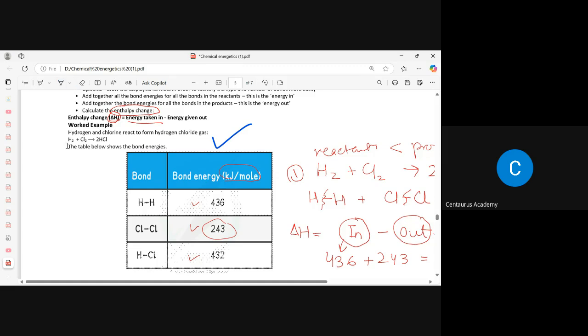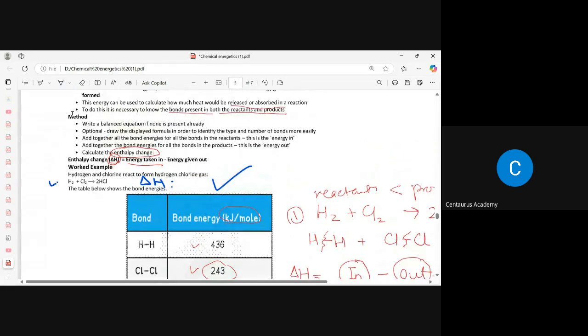This is one possible scenario. The other possible scenario is they will give you the reaction and also the delta H value, and they will ask you for a particular bond energy. You will be asked to find the bond energy by using this delta H value and the rest of the bond energies. So we will look into both of these.